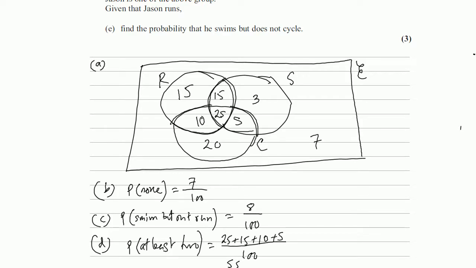Finally, question number E. Jason is in a group, given that Jason runs. Now here the given information is Jason runs. How many people run? That is the total. Now we have to select from someone who runs. So now this circle, we know 30, 40, 50, 60, 65 people is your total now, because you have to choose someone from runs.